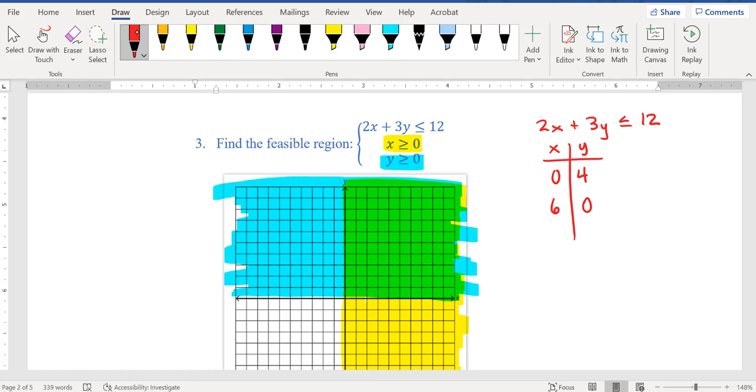If x is 0, I have 3y equals 12, so y would be 4. If y is 0, I would have 2x equals 12, so x would be 6. So I have the point 0, 4 here, and 6, 0 right there. Okay, now here's my line.